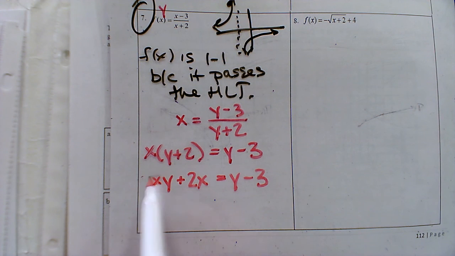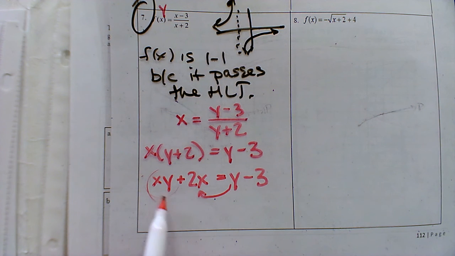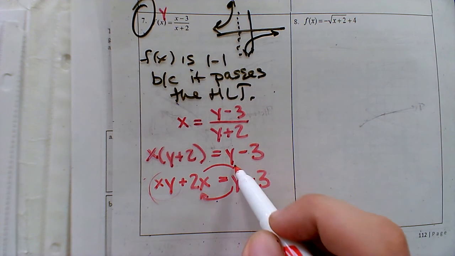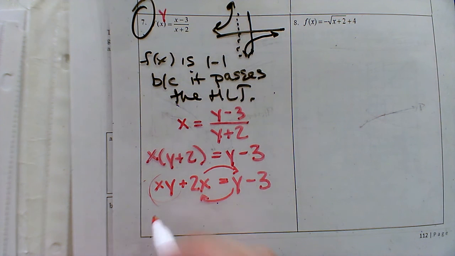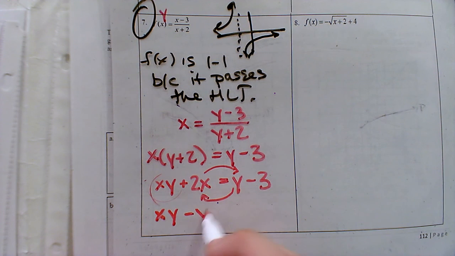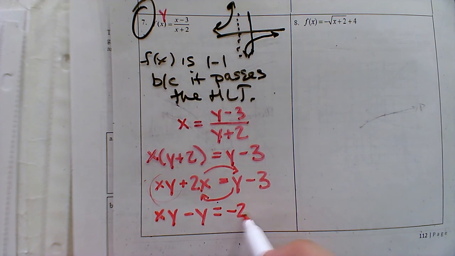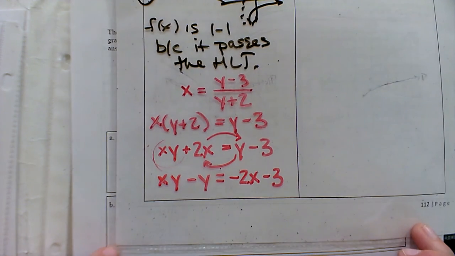So for instance, if this is a y term, let's subtract this y over, that way it's on this side with this y term, and since the 2x doesn't have a y, we'll subtract it to the other side. That's algebraically possible, right? We're just moving around some terms. So we'll subtract the y to the left, and we'll subtract the 2x to the right. Just doing a little rearranging.